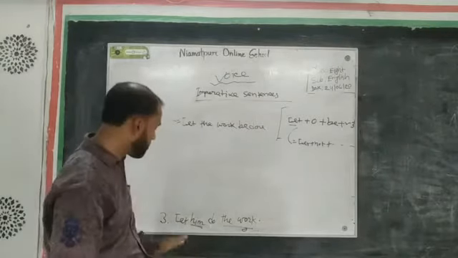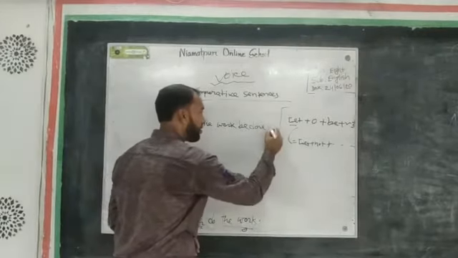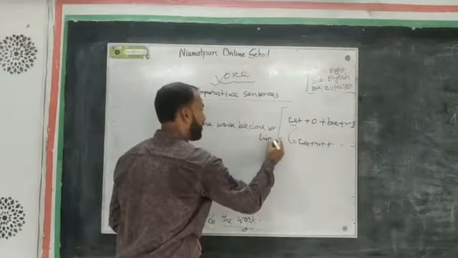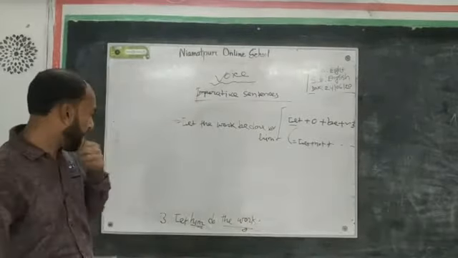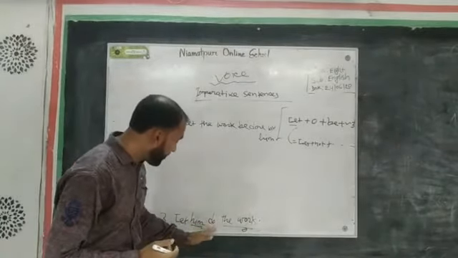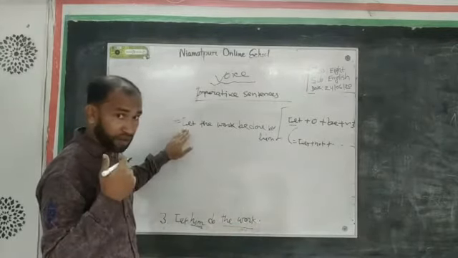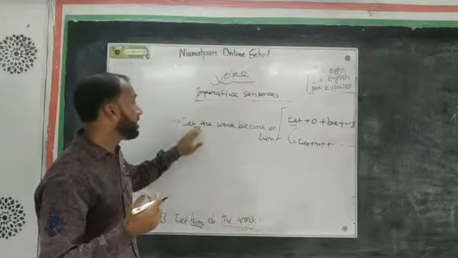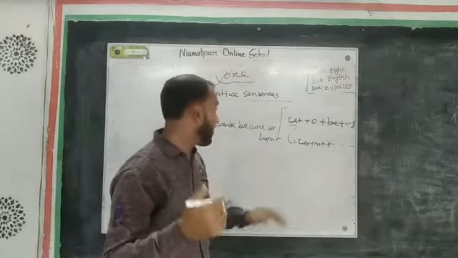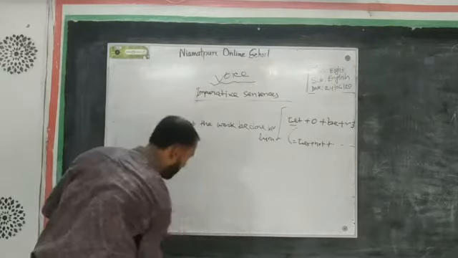This is the use of let, so this will be by him. So now we can say from active, let him do the work. That means for doing passive, let the work be done by him. This is complete.